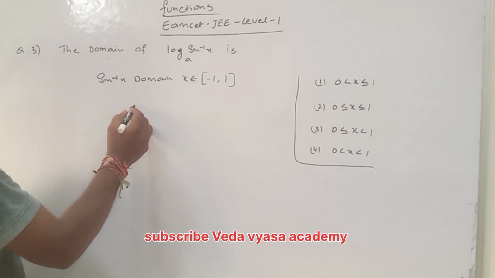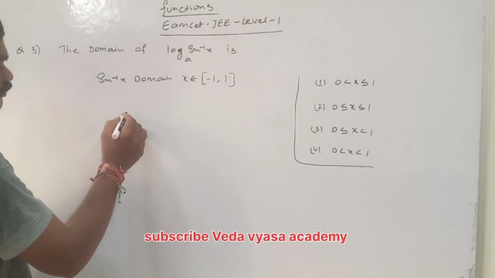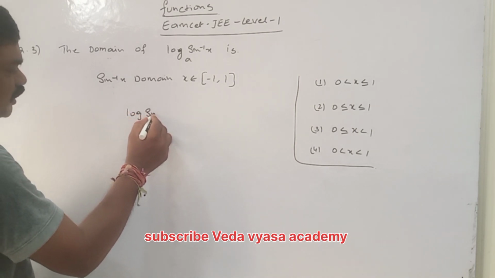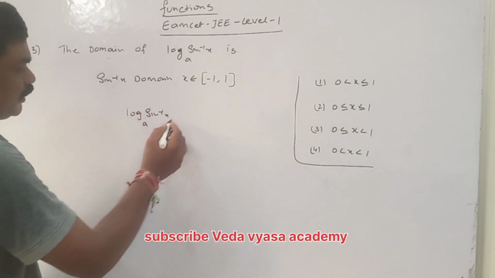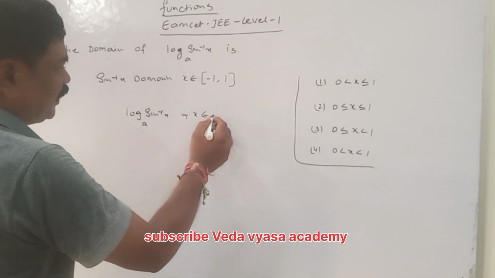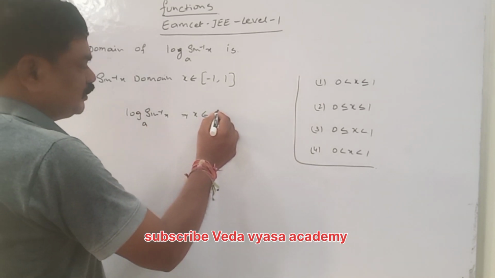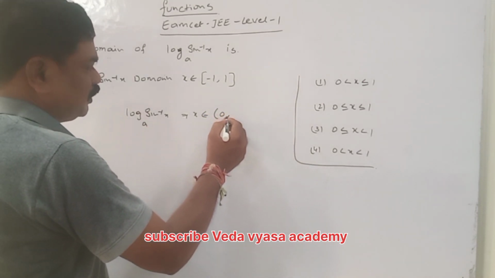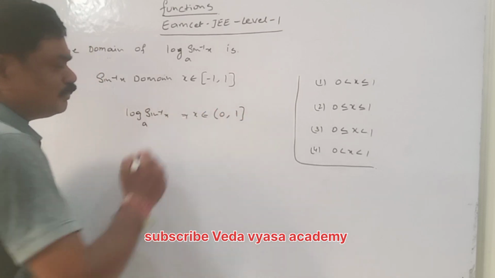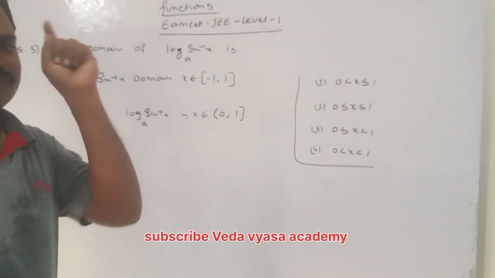So this is log of sin inverse of x to base a. This takes values that are not negative, that means from open 0 to closed 1, only positive numbers. Log of positive numbers is defined.